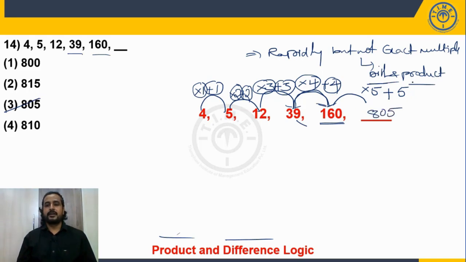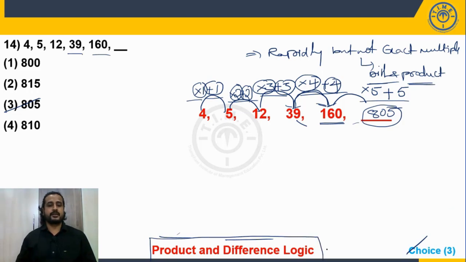And what is the logic? Difference and product: into 1 plus 1, into 2 plus 2, into 3 plus 3, into 4 plus 4, into 5 plus 5. So the required answer is 805. Choice 3 is our answer. Clear? It comes under the category of product and difference logic.